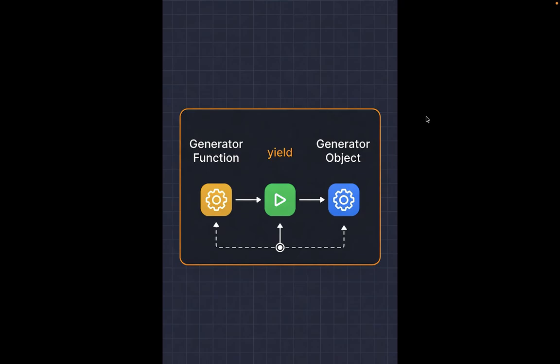In our previous tutorial, we talked about Python iterators. We said iterators are objects that are used to traverse collections of data like list, tuple, string, one element at a time.